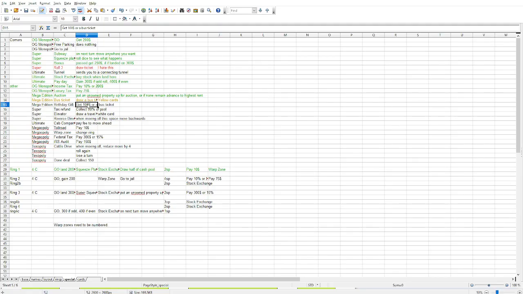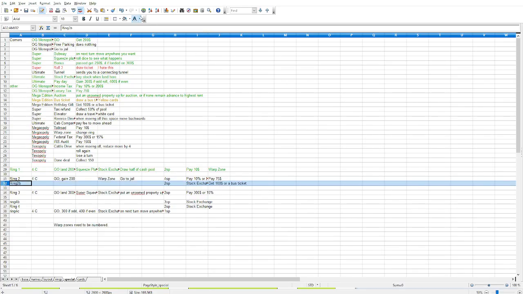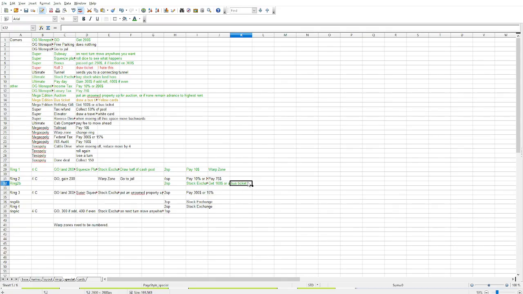Birthday gift. You know what? I'll put that in ring 2B as the other item, because this is different from the regular draw a bus ticket one. And also the sub rings don't have yellow spaces where you can draw a bus ticket.